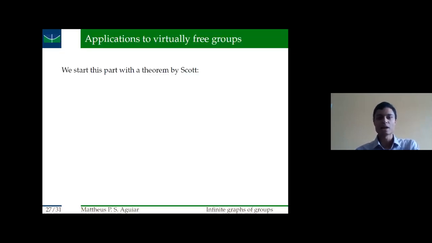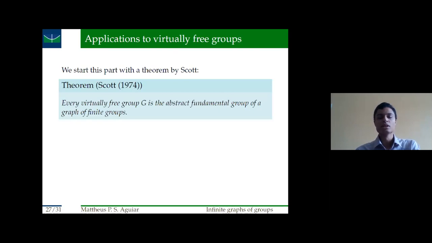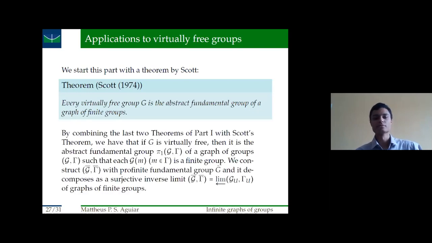We start this part with a theorem by Scott that every virtually free group G is the abstract fundamental group of a graph of finite groups. So we can combine the last two theorems of part 1 with Scott's theorem. So if G is virtually free, then it's the abstract fundamental group pi_1 of G, gamma of a graph of groups, such that G_M is a finite group.